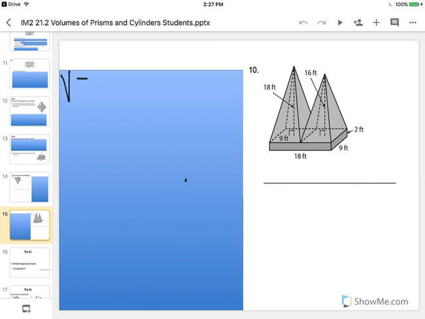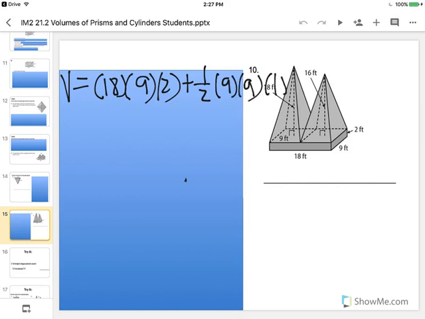First find the volume of the rectangular base, which gives us 18 times 9 times 2, plus the volume of the pyramid on the left, which gives us 1/3 times 9 times 9 times 18. That should be a 3. And plus the volume of the one on the right, which is 1/3 times 9 times 9, and the height is 16. Let's try this again.